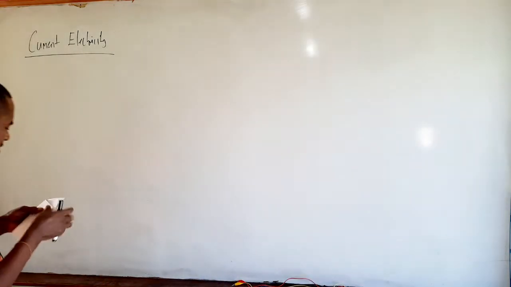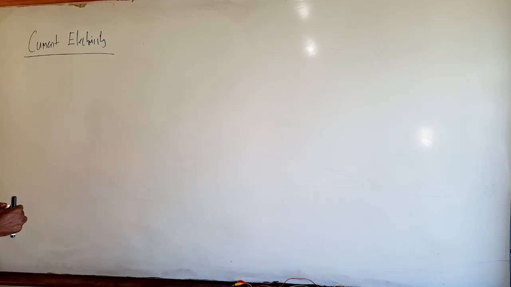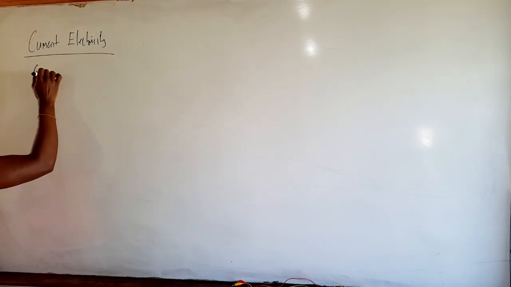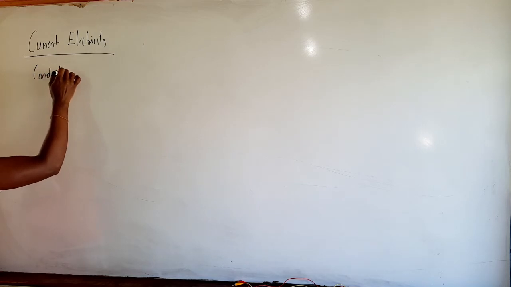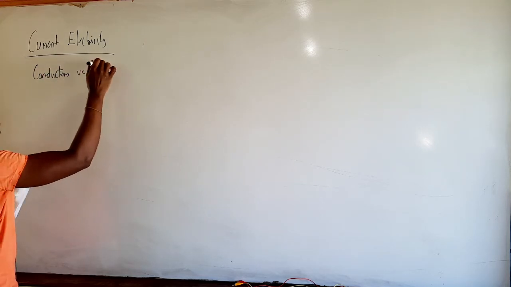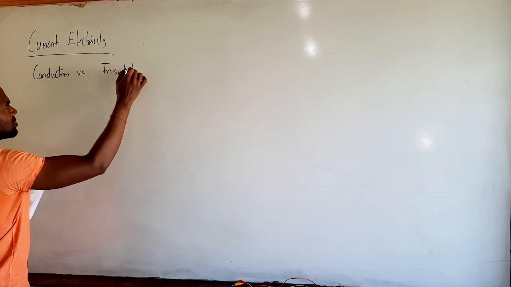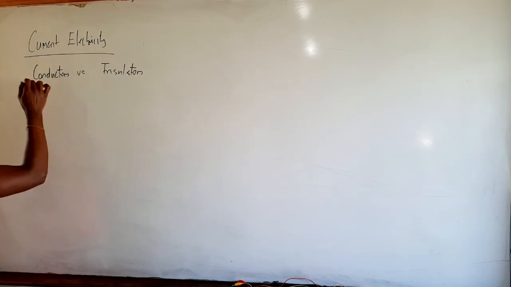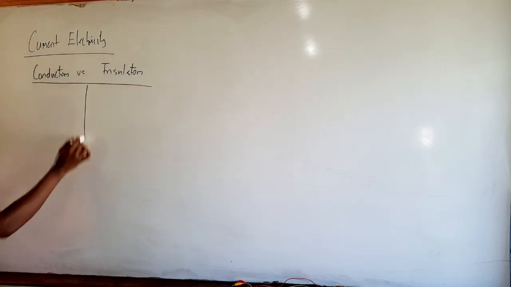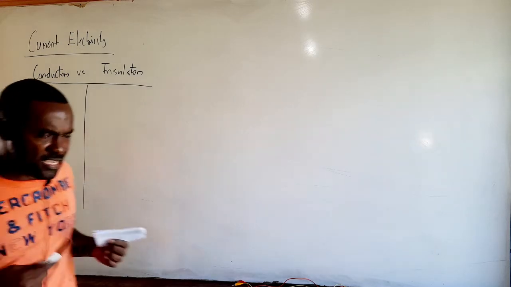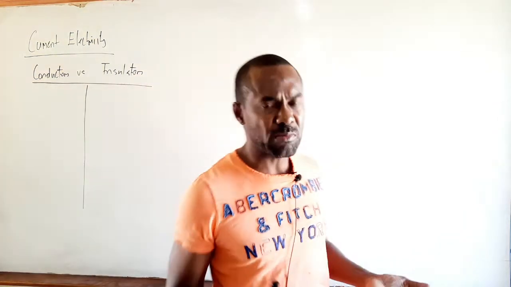The syllabus expects us to be able to look at conductors and insulators. So let's look at conductors versus insulators. When we looked at heat, we would have met these terms before.